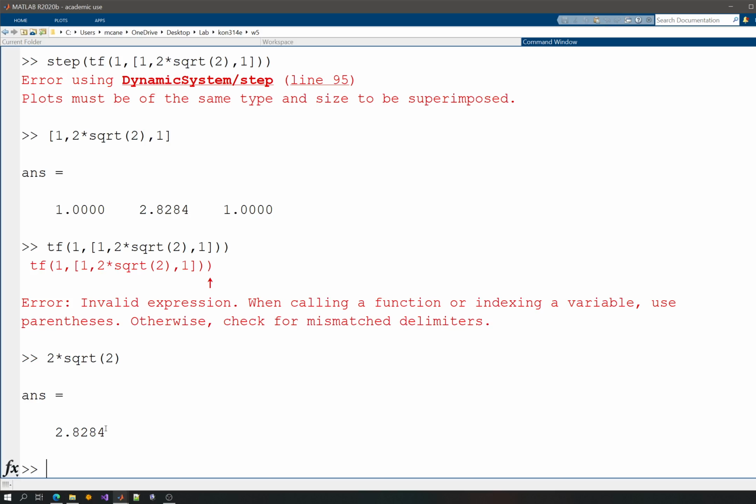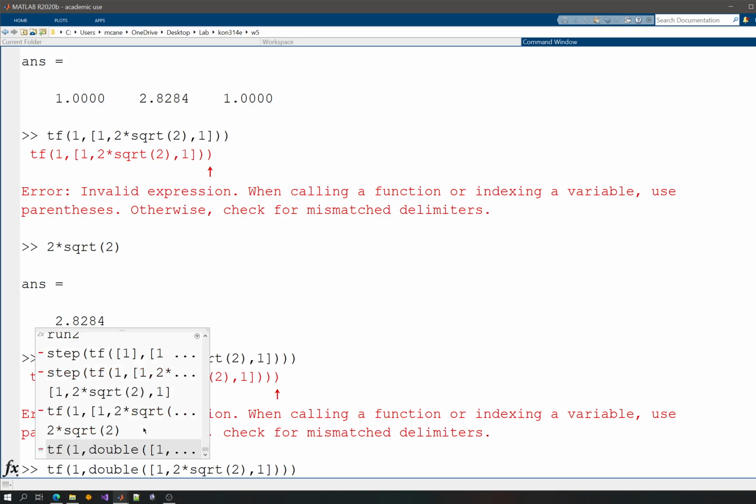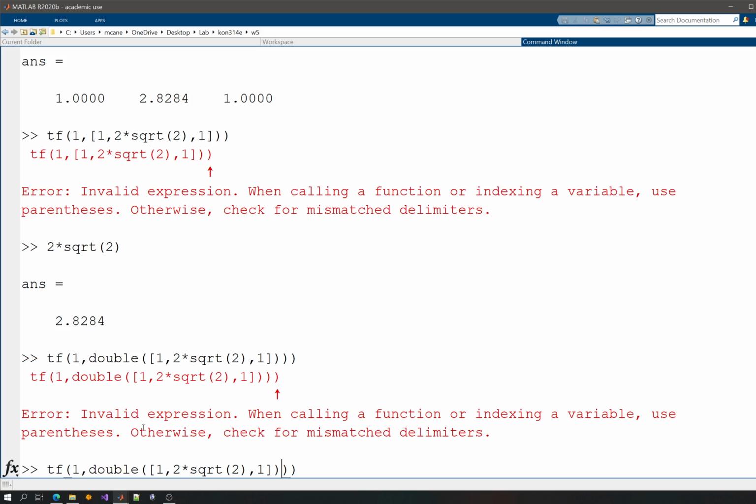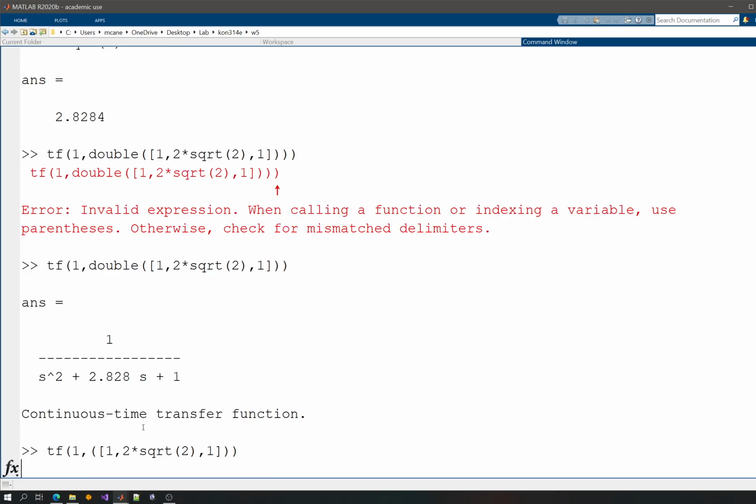What is that? It's not double. Maybe it's a symbolic toolbox thing. What happens if I don't have double?